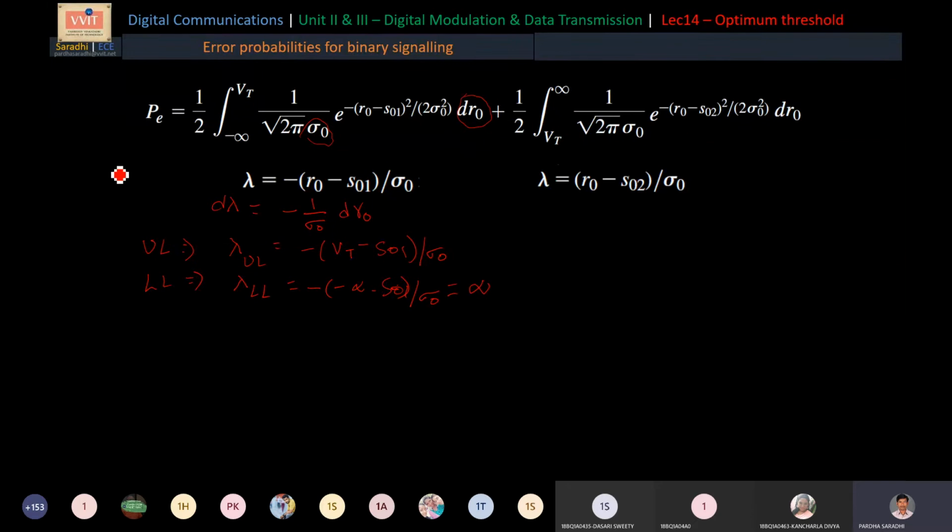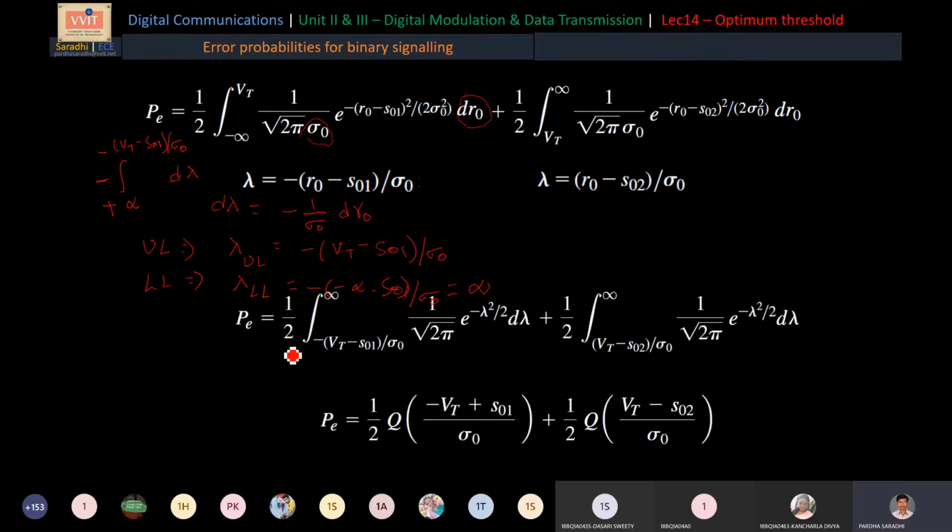So now you are getting an integration from plus infinity to minus (Vt minus S01) divided by sigma naught, and you get a negative sign because of the d lambda. Now I can interchange the lower and upper limits so that this sign changes to positive. A similar explanation can be given over here also. As a result, we get the integrals with lambda as the integration variable like this.